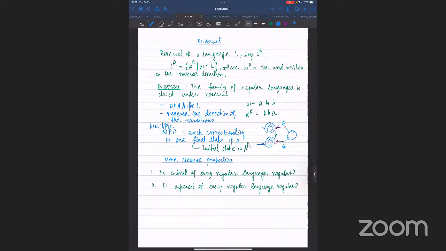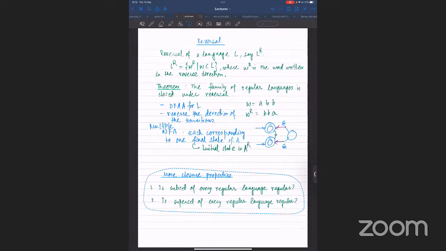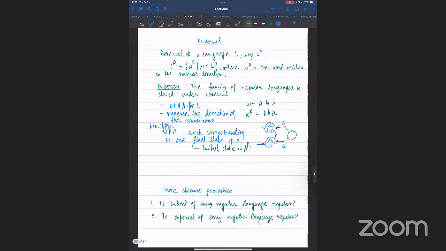But also the other thing is, suppose your sigma is {a, b}, and I'm considering the DFA A which accepts L, such that L(A) equals L. Now we are trying to construct A^R, right?